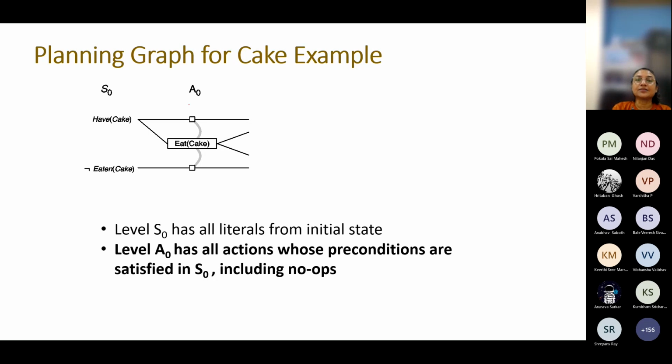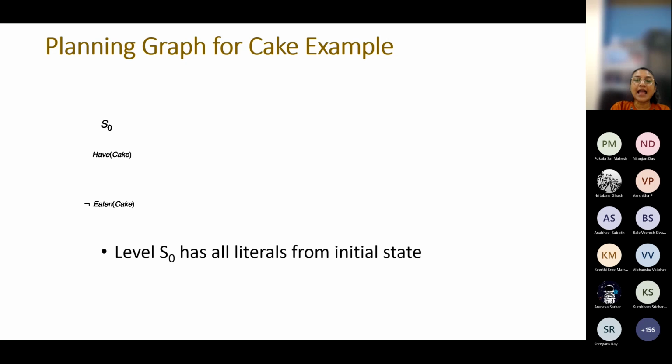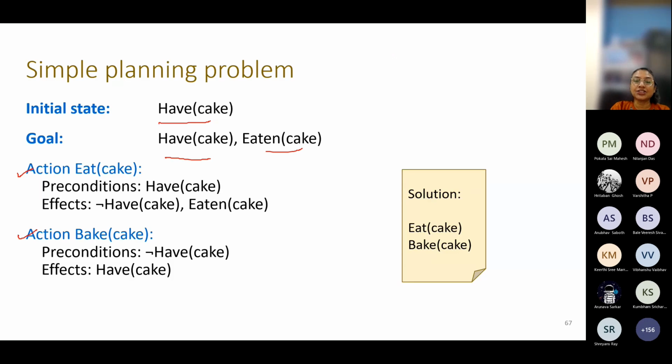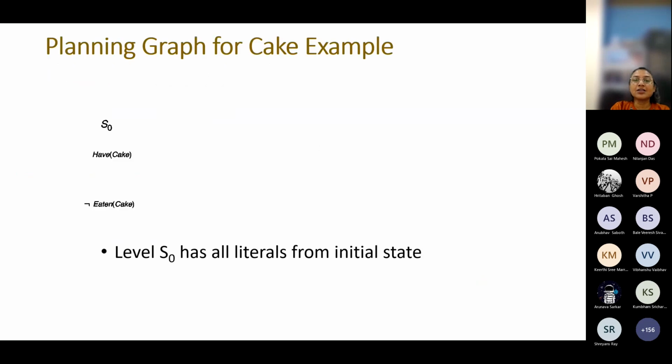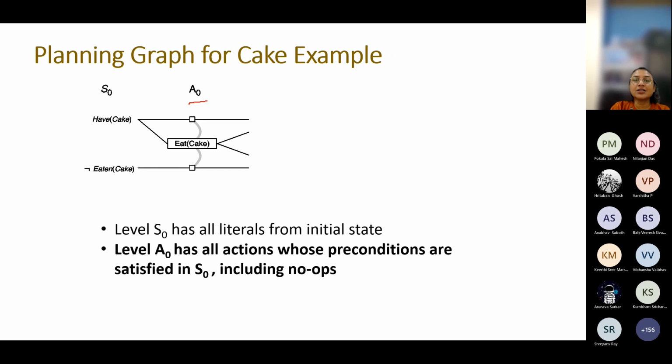Then we look at A0. What are the actions? We have the eat cake action. Eat cake has precondition have cake, and bake cake has precondition not have cake. Because in the first state have cake is true, only eat cake can be applied. The second action is not applicable.